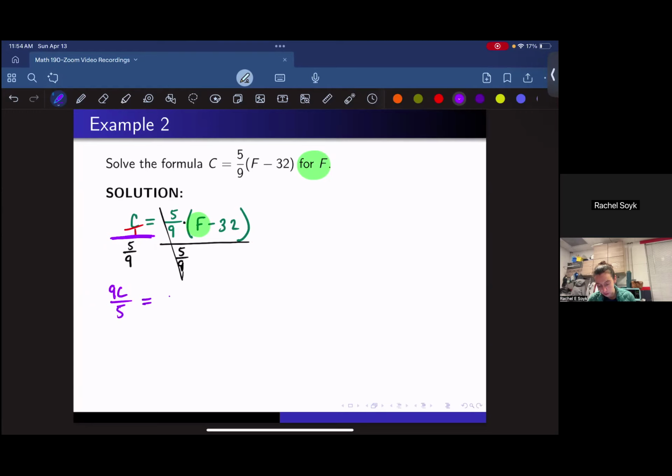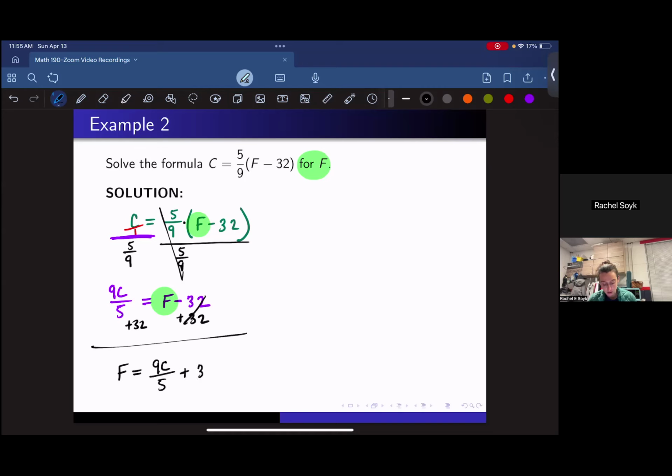And this is equal to F minus 32. So we're almost done. The last step that we need to do is we need to add 32 to both sides. So our final value is F is equal to 9C over 5 plus 32.